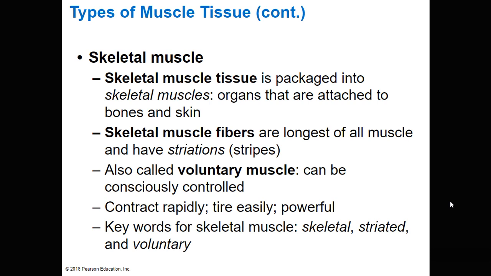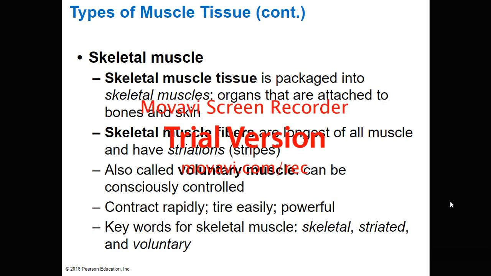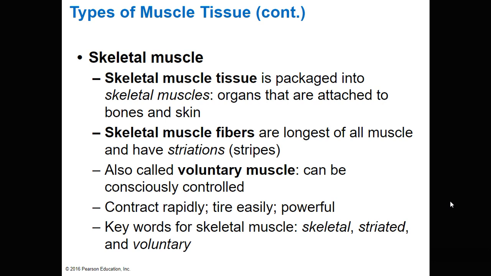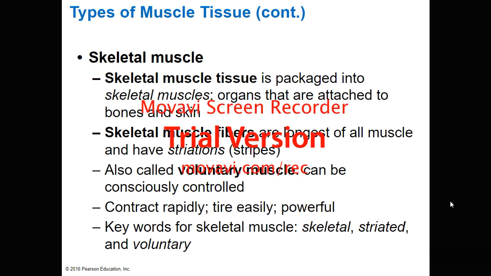So you have muscle tissue, which is made of muscle fibers, and muscle fibers are elongated multinucleated cells. And within these cells, remember cells have organelles, but muscle cells have a special organelle called the myofibril. And they're packed full of these myofibrils.